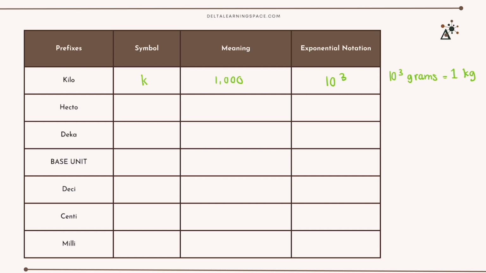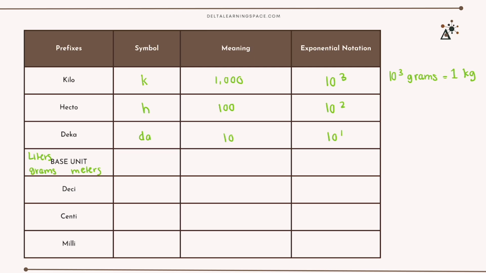Next we have hecto with the symbol lowercase h, meaning 100, with the exponential form 10 to the second. Then we have our next prefix, which is deca, with the symbol da, meaning 10, or 10 to the first. Then we have our base unit, and this will be things like liters, grams, and meters. And so here, these will be the units without any prefix.